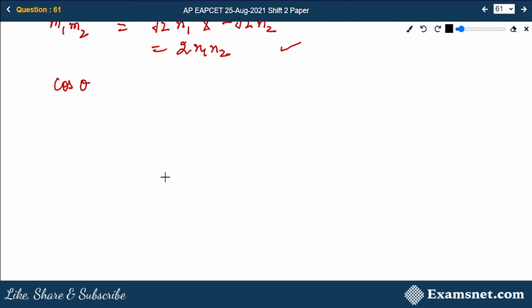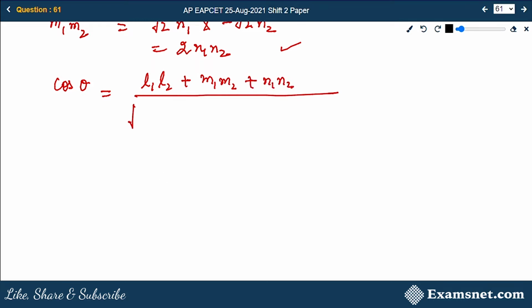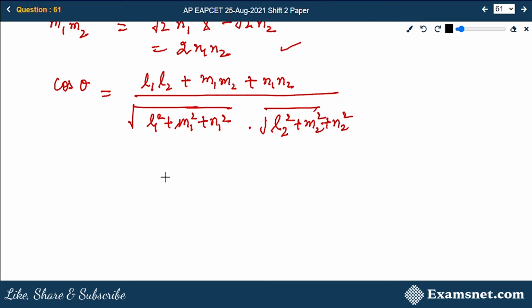Cos theta, that was equal to l1 l2 plus m1 m2 plus n1 n2 whole divided by root of l1 square plus m1 square plus n1 square multiplied with l2 square plus m2 square plus n2 square, right?